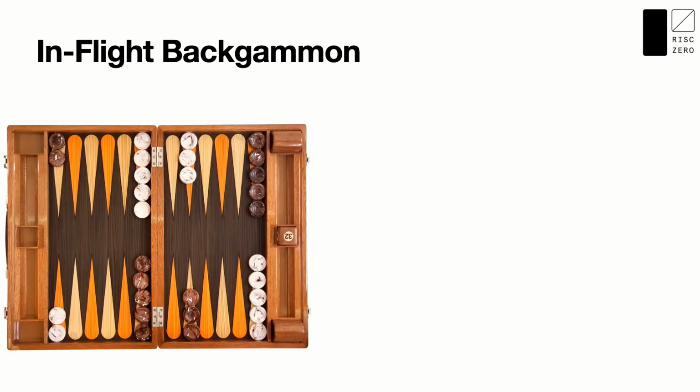So now let's take an example here that uses these concepts. I was on a flight, and this is an actual story. I was on a flight with my partner, and we were bored, so we started playing an in-flight backgammon. She was on one screen, I was using another screen, and there was an issue.